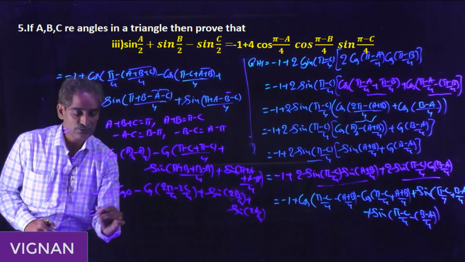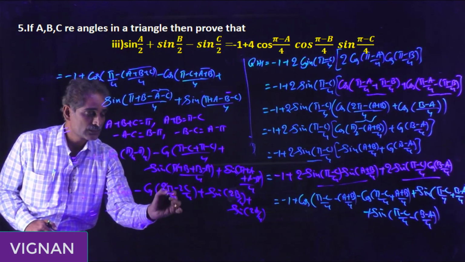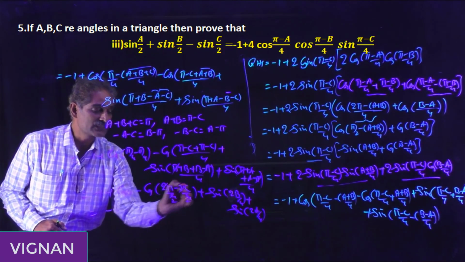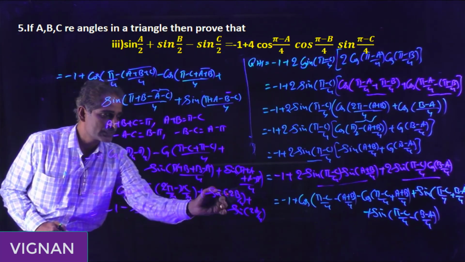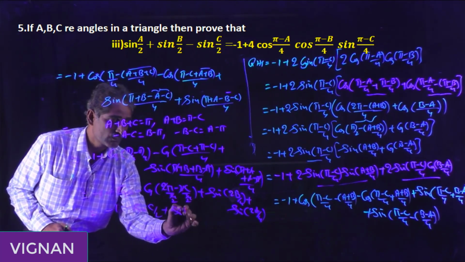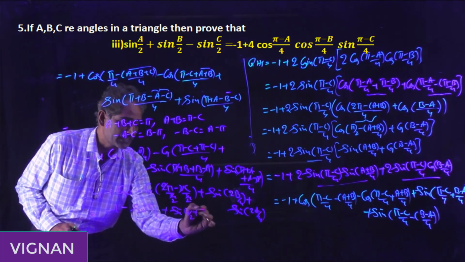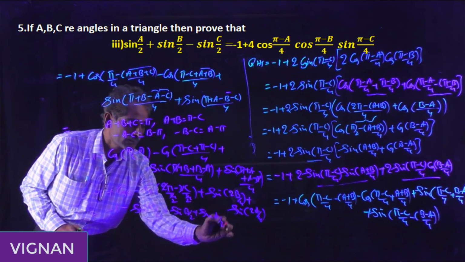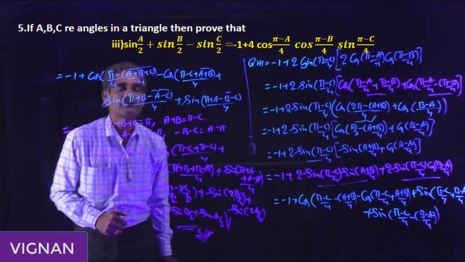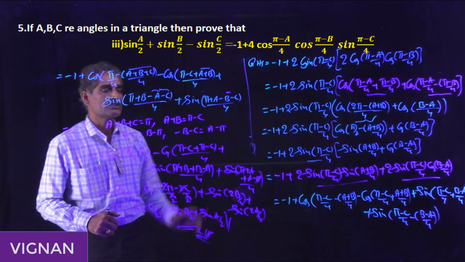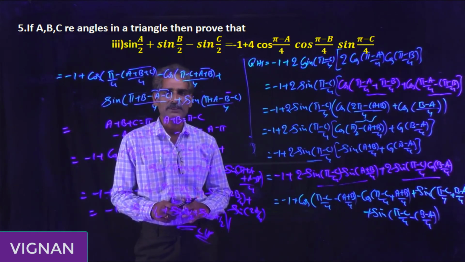This is equal to minus 1 plus cos(90 minus C/2), that means sin C/2, plus sin B/2 plus sin A/2. This is LHS. So it is also one of the important problems, right? Okay, thank you.